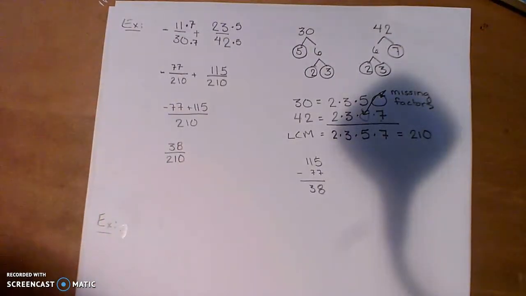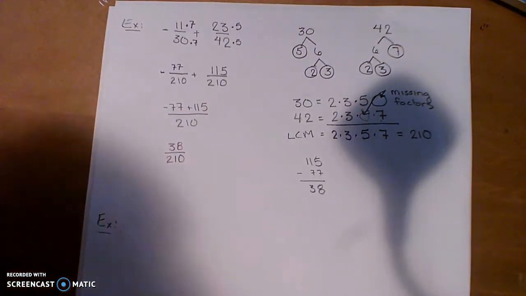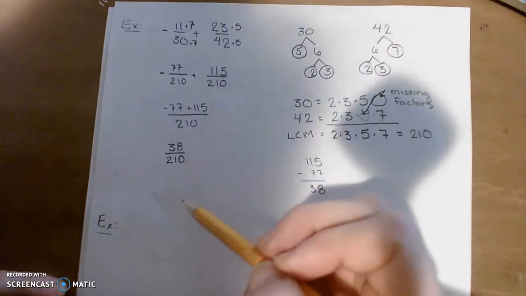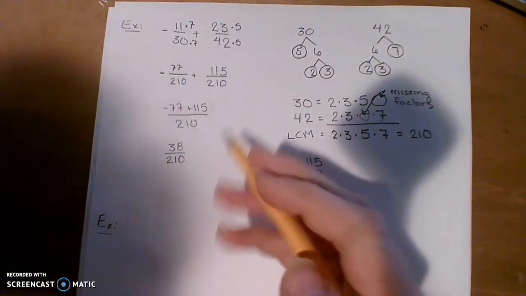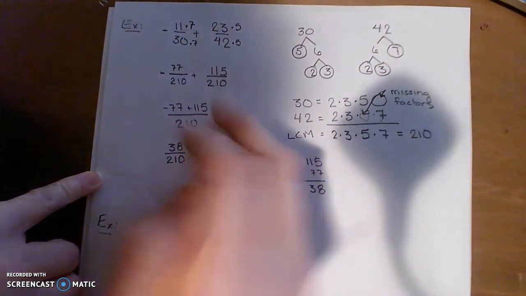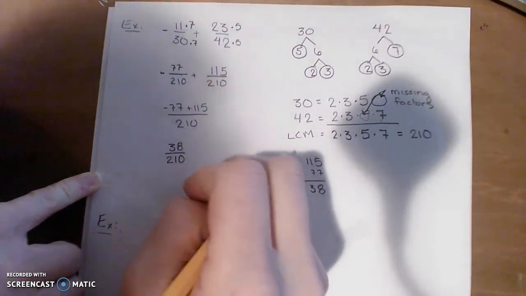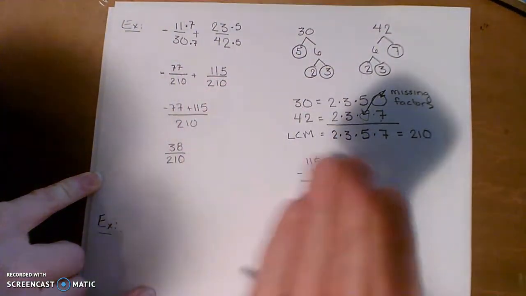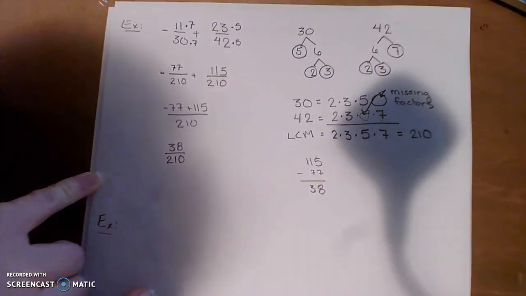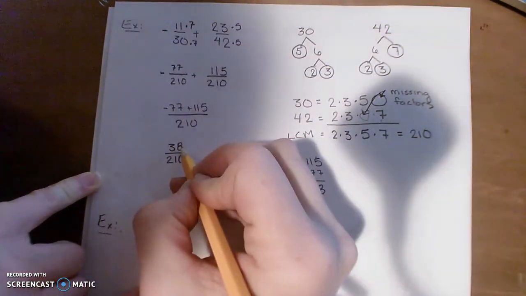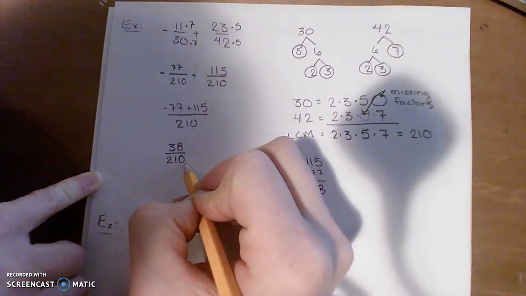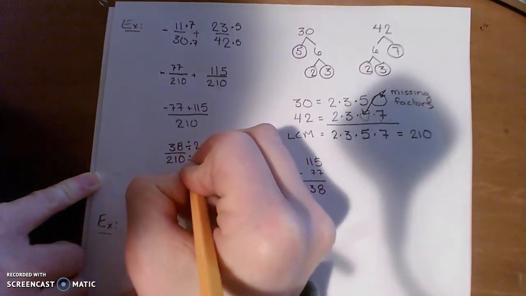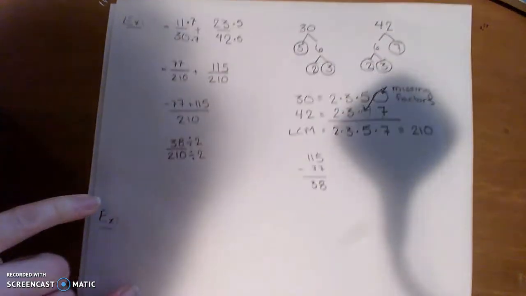All right, now we're almost done. This problem requires a lot of work because I have to look at my answer and determine if it can be reduced. And it actually can. So I can go ahead and factor the numerator and denominator, or I can just go one factor at a time, trying to reduce this number to smaller and smaller. So I know because both 38 and 210 are even, we should be able to divide both the numerator and the denominator by 2.